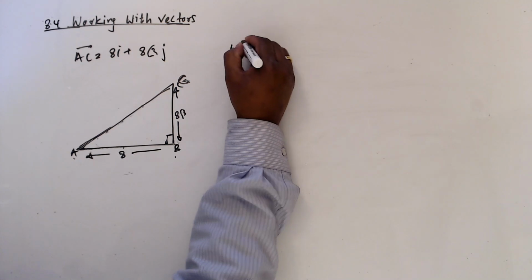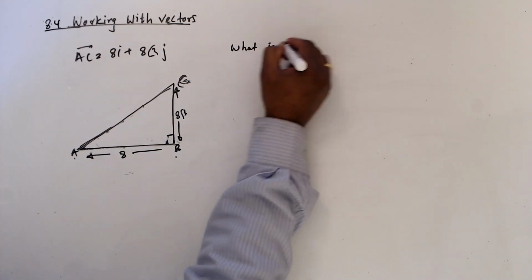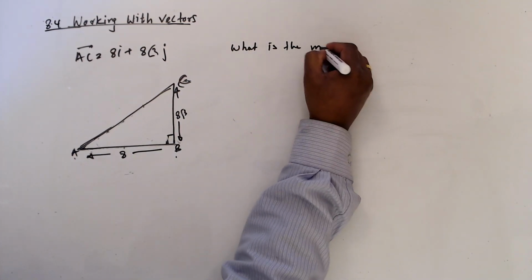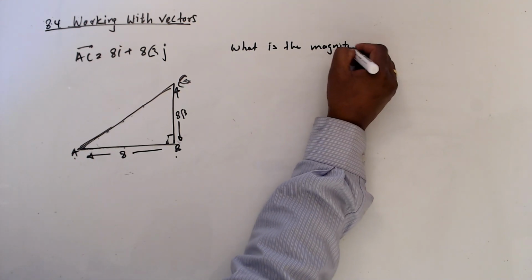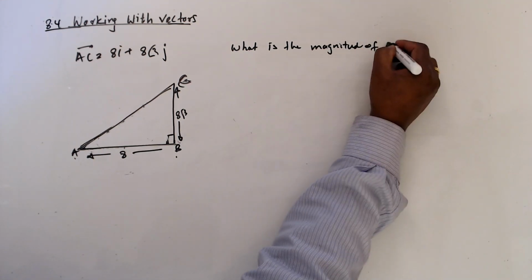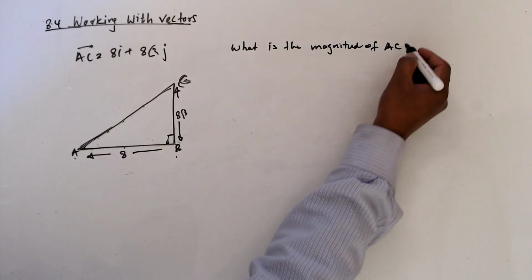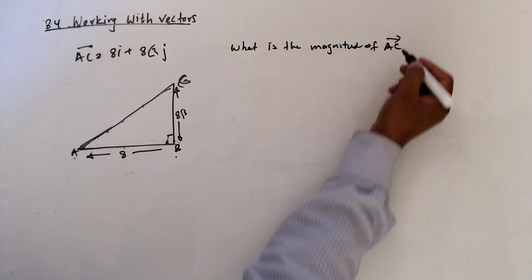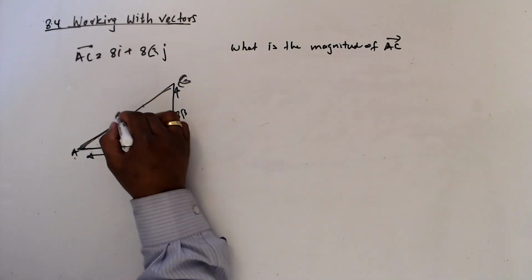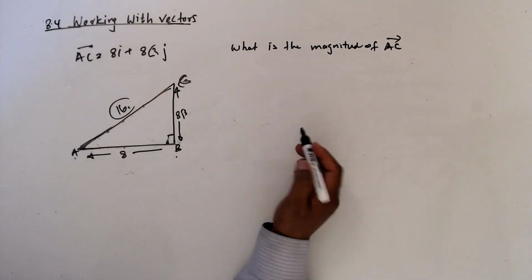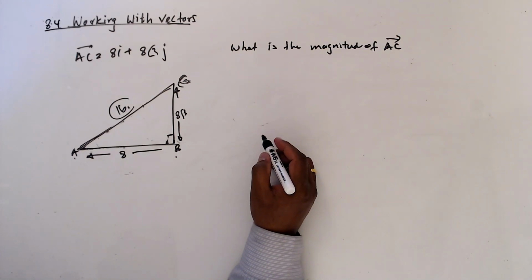Now what is the magnitude of AC? You know already the magnitude is 16. Now we have to show this one.